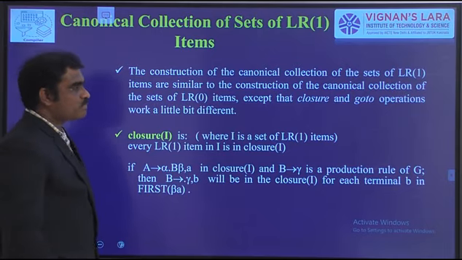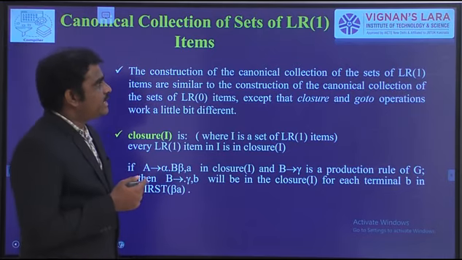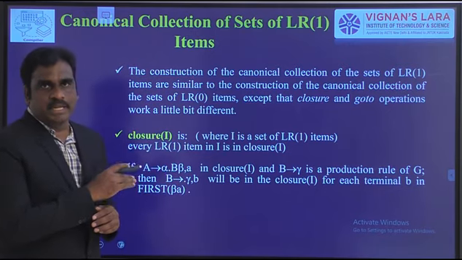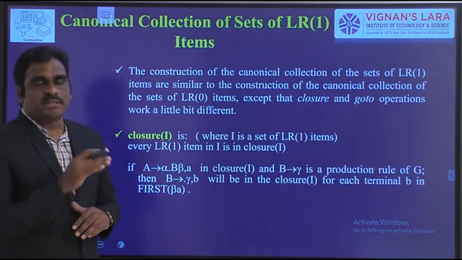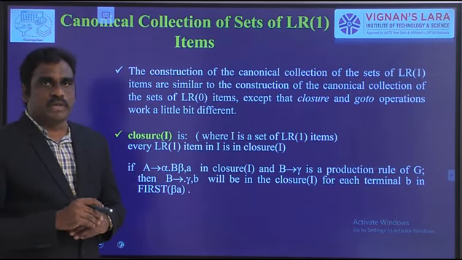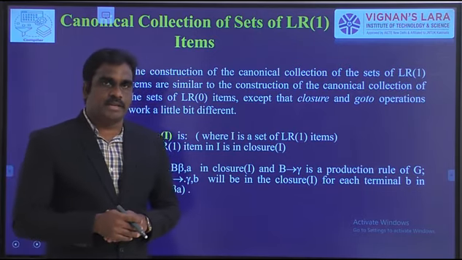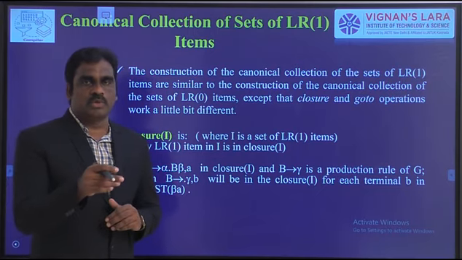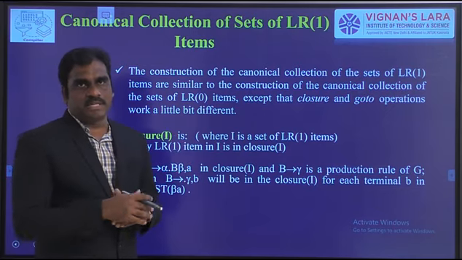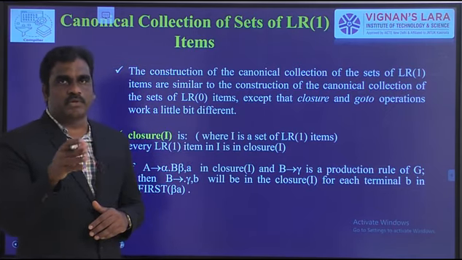Now, in the same way as in SLR, in CLR also we have to perform the same operations. In SLR, how do we construct the canonical LR of 0 items? First we apply the dot operator. Next, by using the goto and closure set operations, we calculate the set of states like I0, I1, I2, I3.